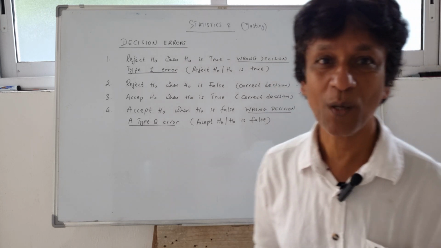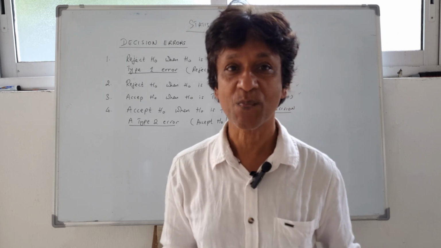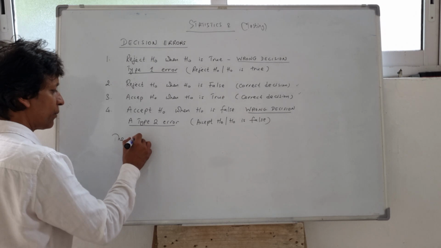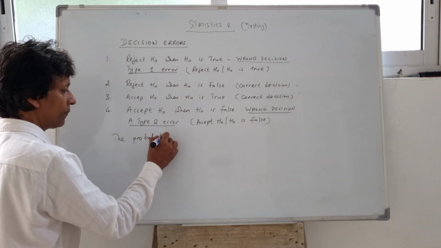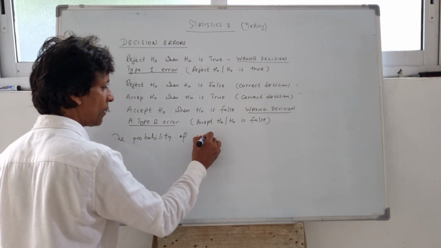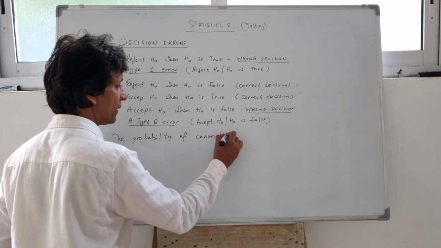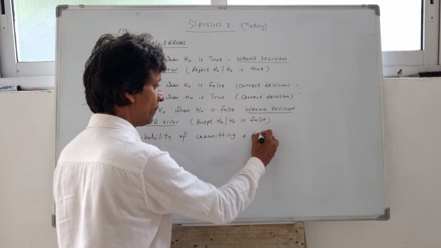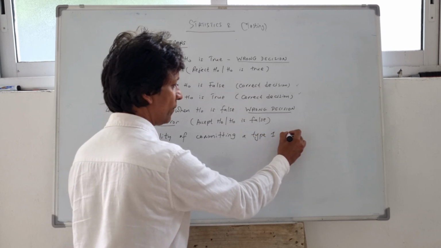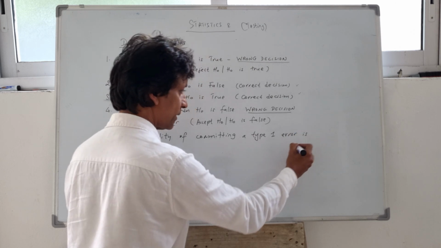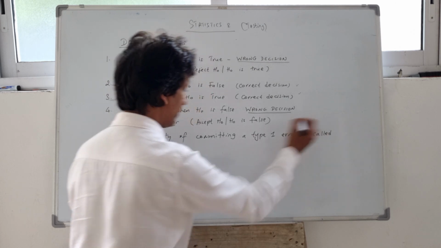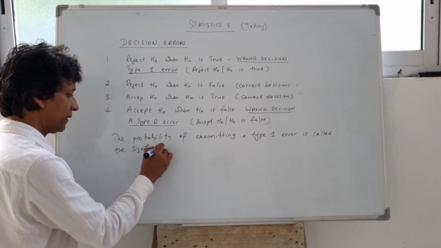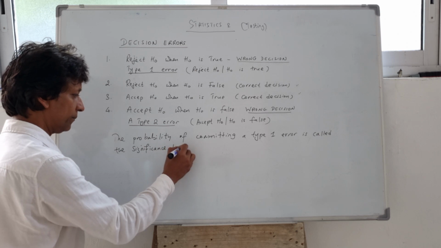Now the probability of committing a type 1 error is basically called the significance level. Okay, so the probability of committing a type 1 error is called the significance level.